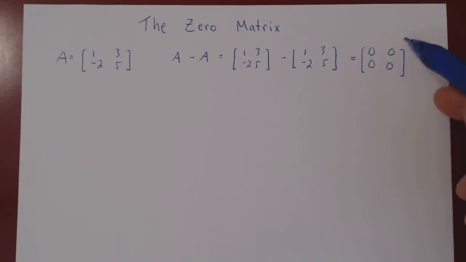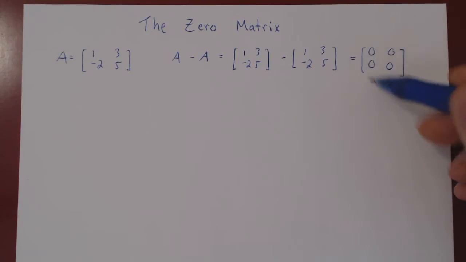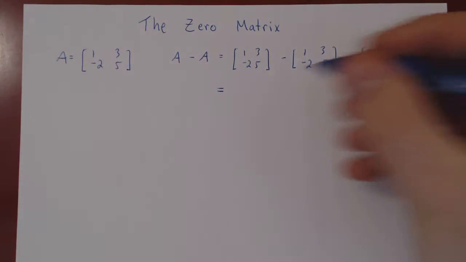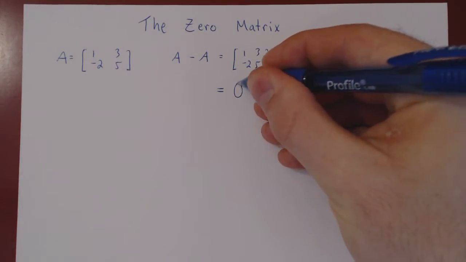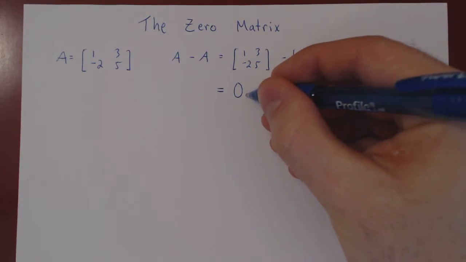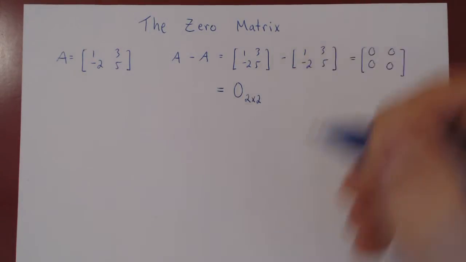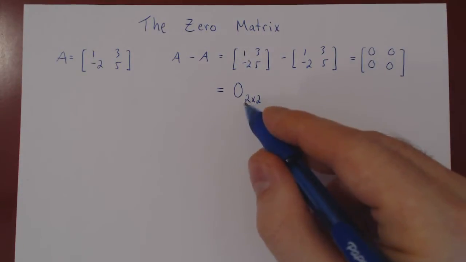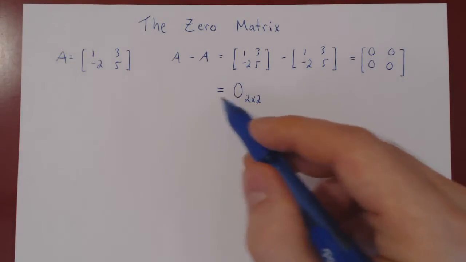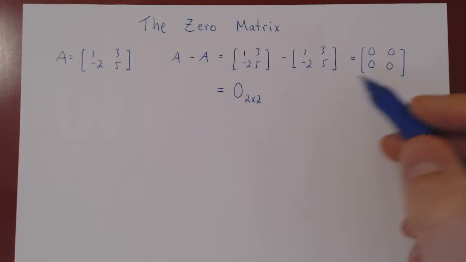And so what we have is a matrix where every single entry is 0, and we call this the zero matrix. Now we can write this in two ways. We can write an uppercase 0, and we can specify the size, which is a 2 by 2 zero matrix. But usually we don't write the size because implicitly, whatever the size of A is, the matrix 0 will be of the same size.